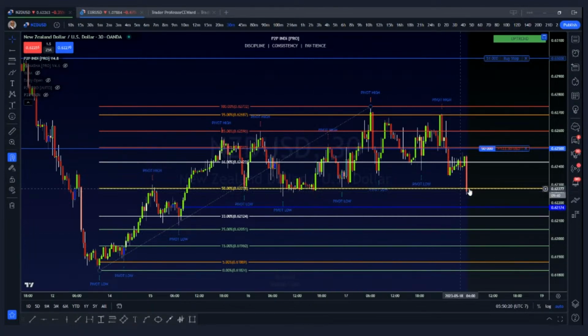Well, they're at mid pivot. This is mid pivot here. So let's hope they're turning from this point. This will be a good point to turn from. Otherwise, I do see them going down to 62.17, which is another 9 more pips or so, or 8 more pips to the downside.